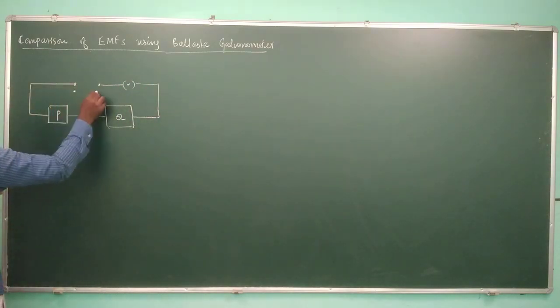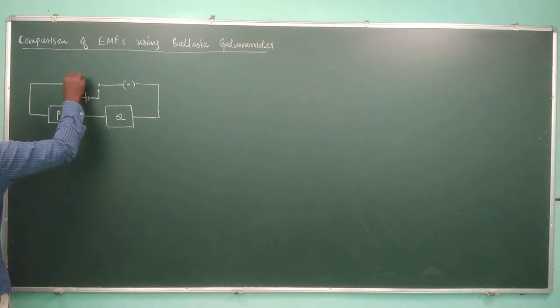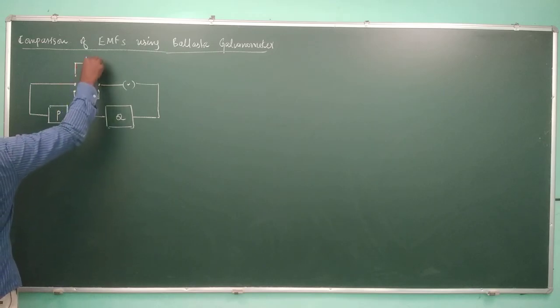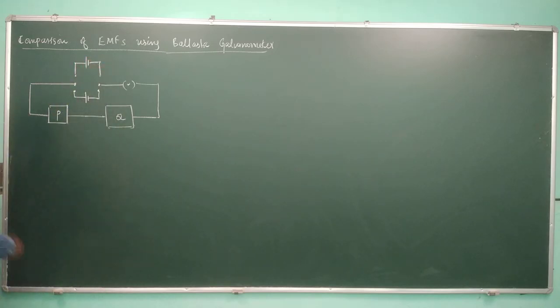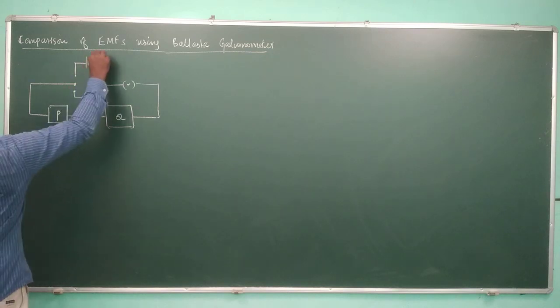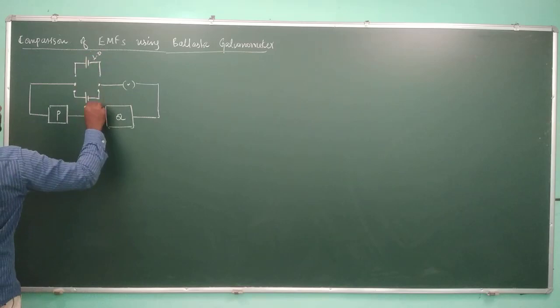Here we have the two EMFs that are going to be compared. EMF means electromotive force, which can be obtained using a battery or a cell. One is Leclanché cell, another one is Daniell cell.